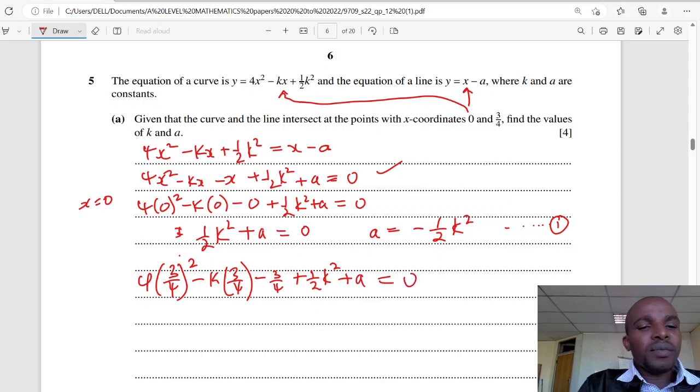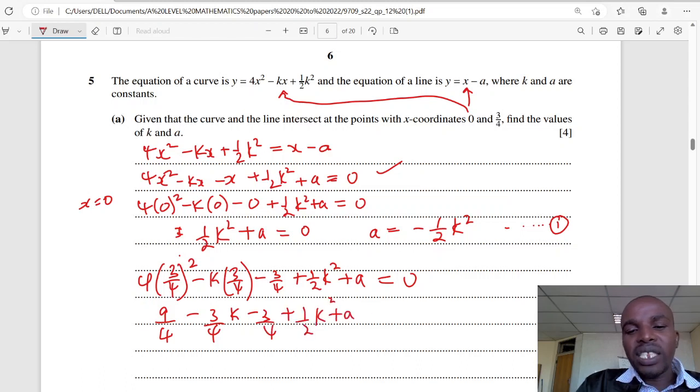Then let's simplify. 4 times 3 squared is 9, over 4 squared is 16. So it's 9 over 4. Then minus, this will give you 3 over 4 k, and this will be minus 3 over 4, then plus half k squared plus a is equal to 0, like this.